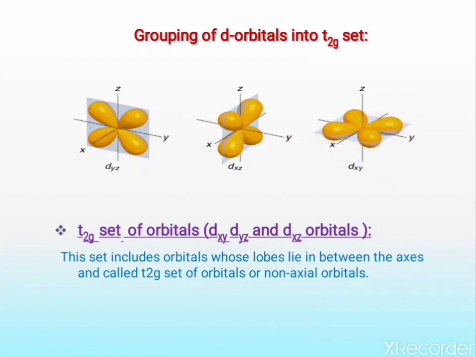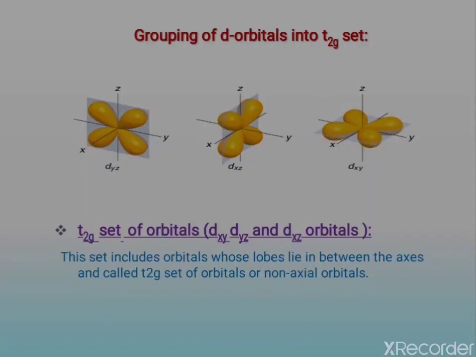This is x-axis, this is y-axis, this one is z-axis. Here lobes are lying in between the axes. That's why the T2g set of orbitals are called non-axial orbitals.